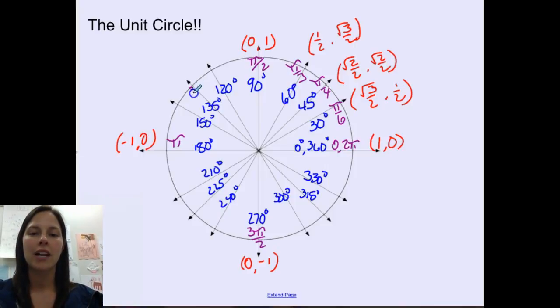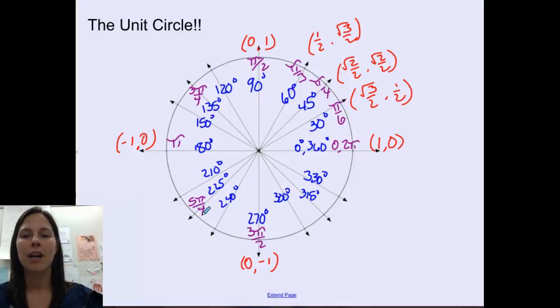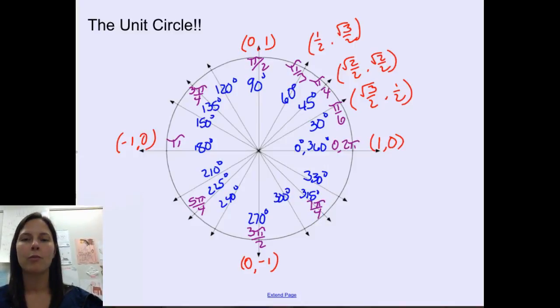Adding another pi over 4 halfway between, and then pi would be at 4 pi over 4. So then we would add another pi over 4 to get 5 pi over 4. 6 pi over 4 simplifies to 3 pi over 2, and then we have 7 pi over 4 in the fourth quadrant, and 8 pi over 4 would be back at the x-axis, or 2 pi.